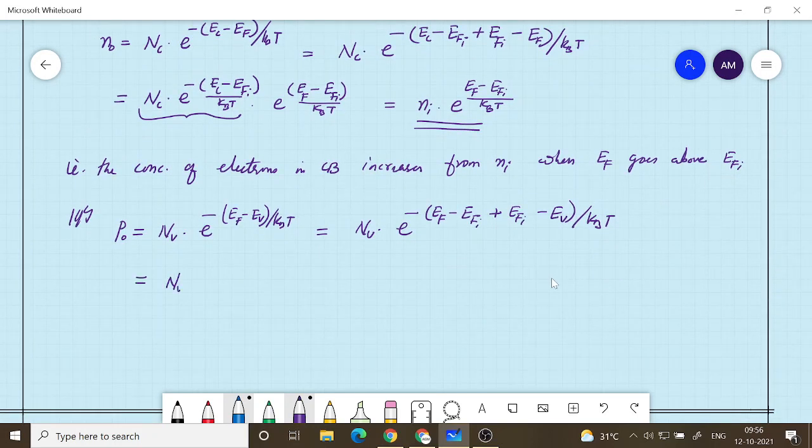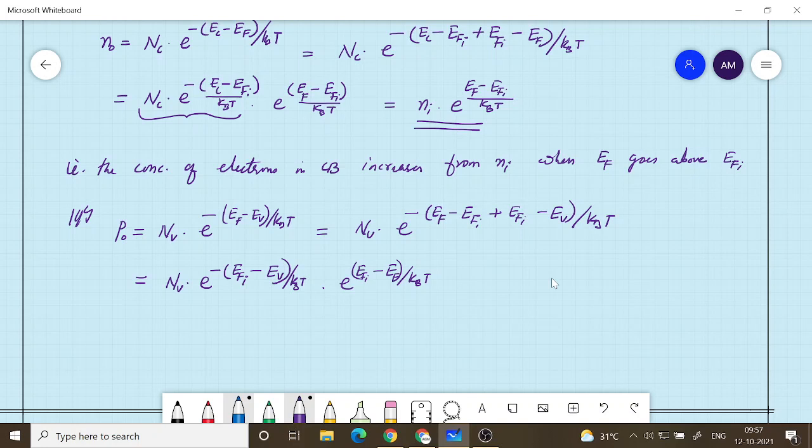One part is Nv into, I'll take the second part first, that is e raised to minus (EFI minus EV) by kBT, into the first term. Let me write it the other way: I'll absorb the minus sign and write it as EFI minus EF. I prefer to write like this.